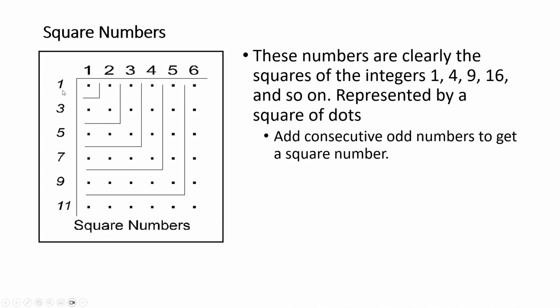So 9, which is really 1 plus 3 plus 5, which is 9. And then as we do the fourth one, we would go down and over. So what these are doing is making square numbers.